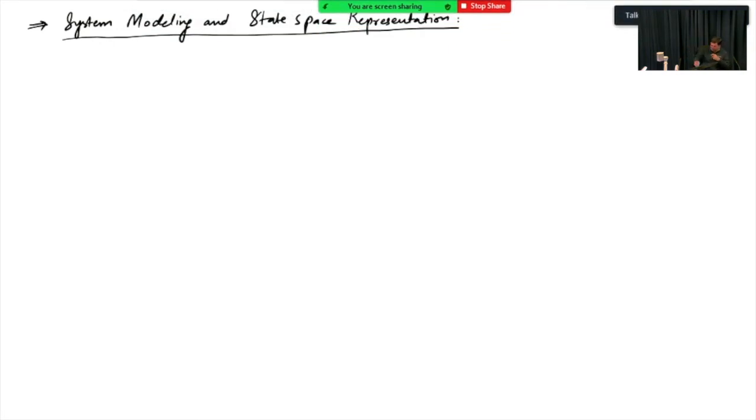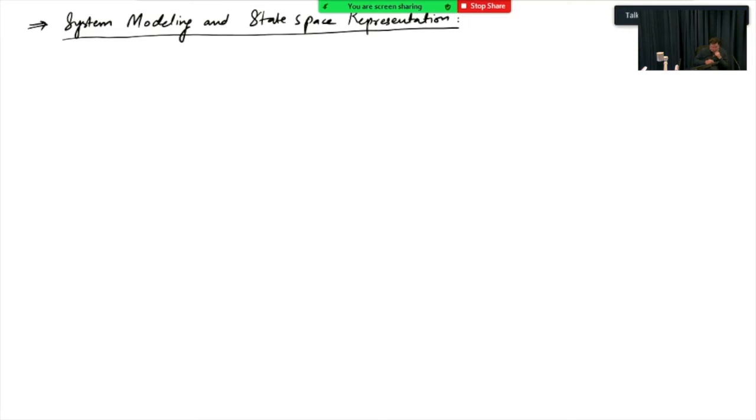So that actually helps you leverage a lot of your linear algebra and other ideas into the design of control systems.